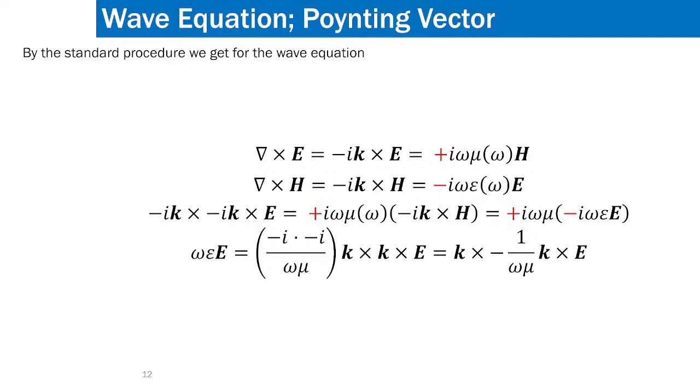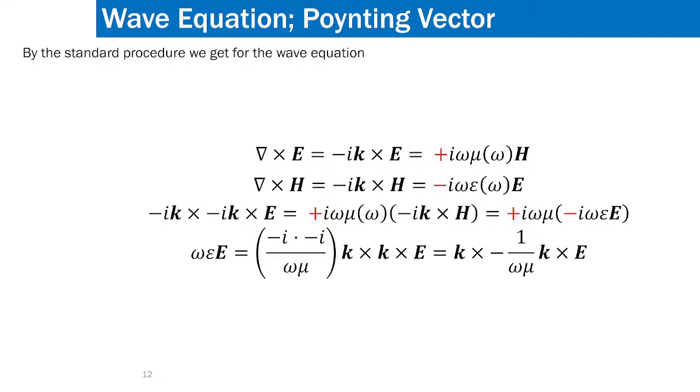So from that we can say omega epsilon into E is equal to the left hand side divided by omega mu. So minus j into minus j by omega mu into k cross E. Minus j into minus j is equal to minus 1.